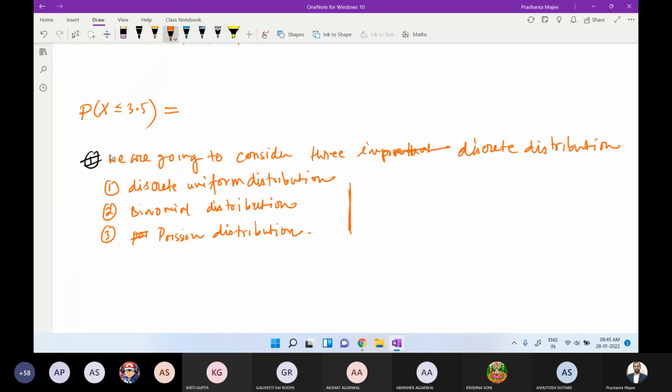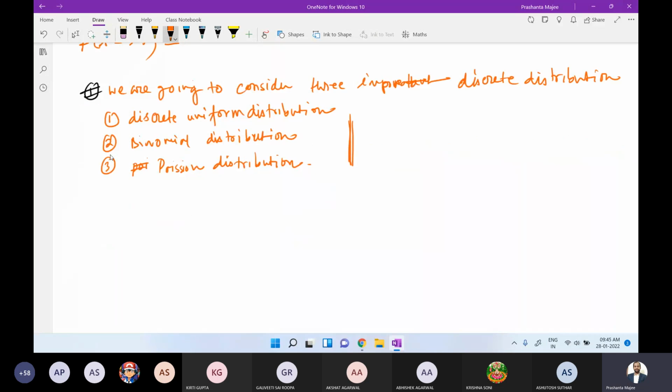Next is the continuous random variable. For a continuous random variable, we have the probability density function, which tells how the probabilities are distributed.